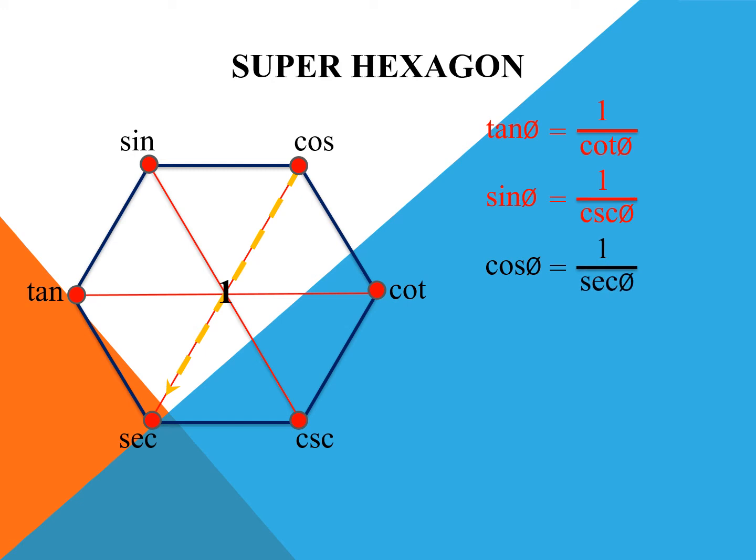But what about if the arrow changes its direction? Cotangent theta is equal to 1 over tangent theta. Cosecant theta is equal to 1 over sine theta.